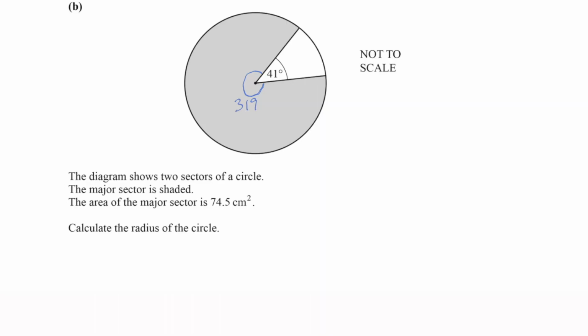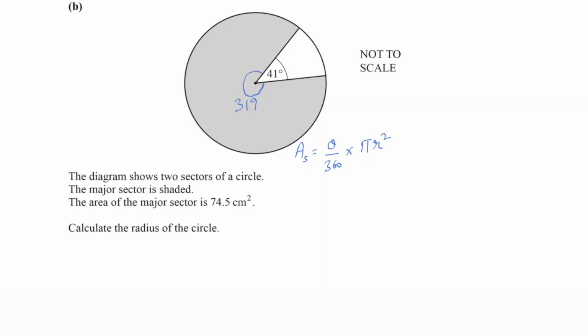Let's write the formula for the area of the shaded sector. Area of sector equals theta by 360 times pi r squared. Last time we did arc length. Theta by 360 was the same, and there we had 2 pi r for the arc length, and for area we have pi r squared.